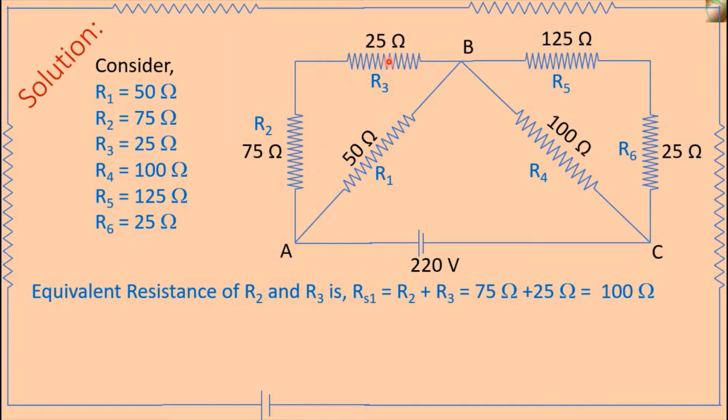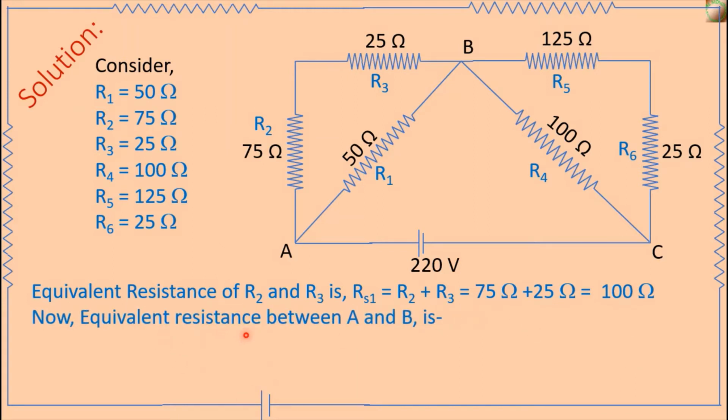Therefore these two resistances are connected in series, so their equivalent resistance Rs1 is equal to R2 plus R3, which is 75 ohm plus 25 ohm, equal to 100 ohm. That is, the equivalent resistance of 75 ohm and 25 ohm is 100 ohm.